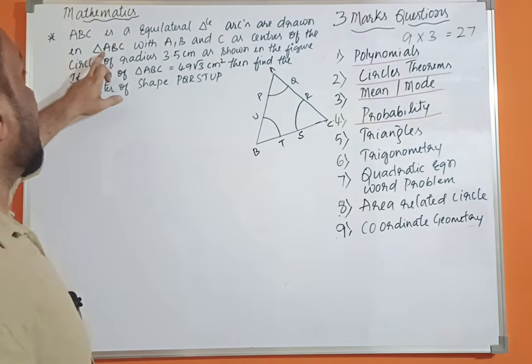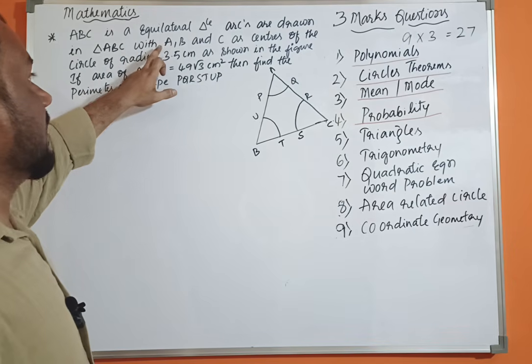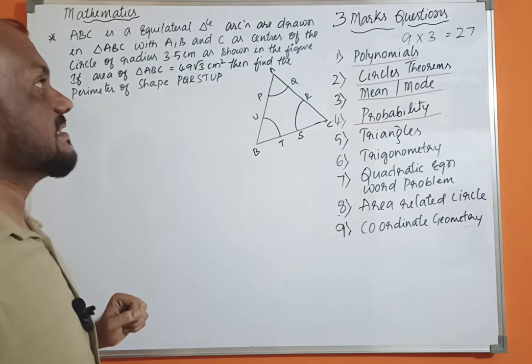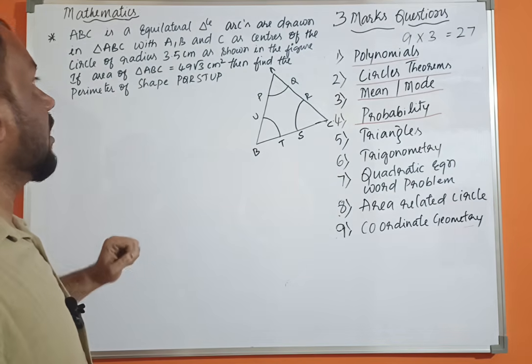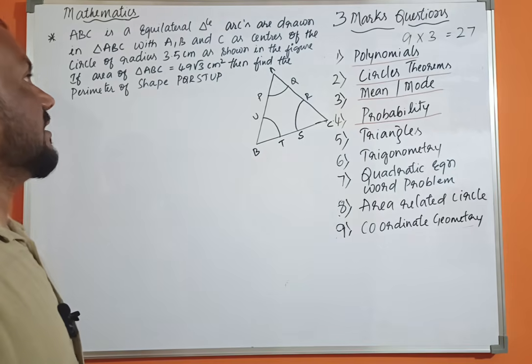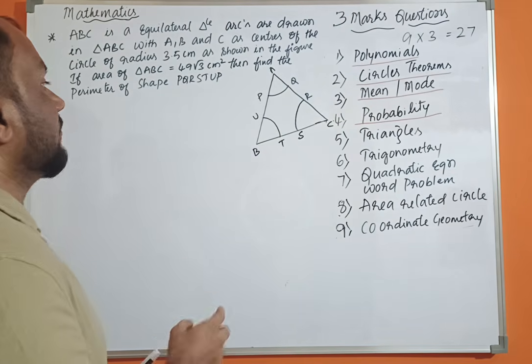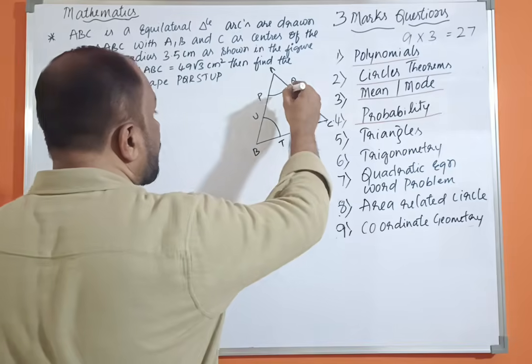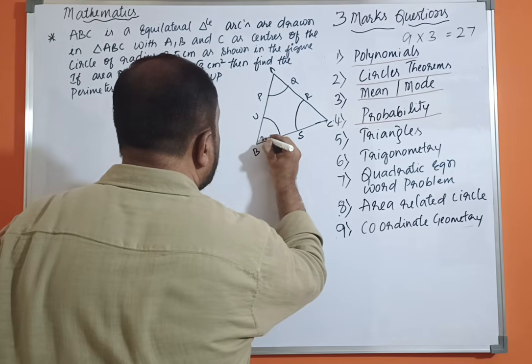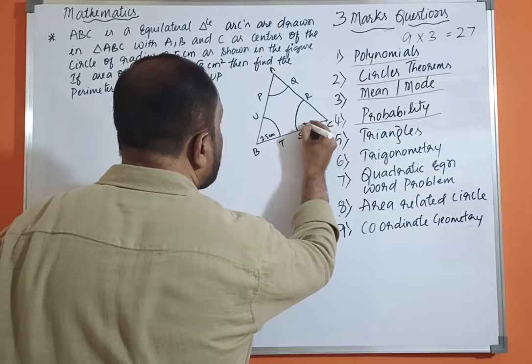Arcs are drawn in triangle ABC with A, B and C as centers of circles of radius 3.5 centimeter, as shown in the figure. See, these arcs are there, no? So the radius is how much? 3.5 centimeter.